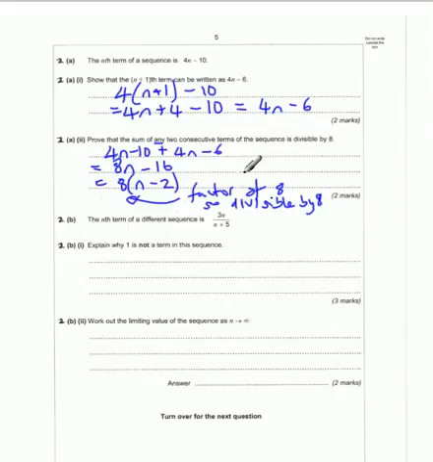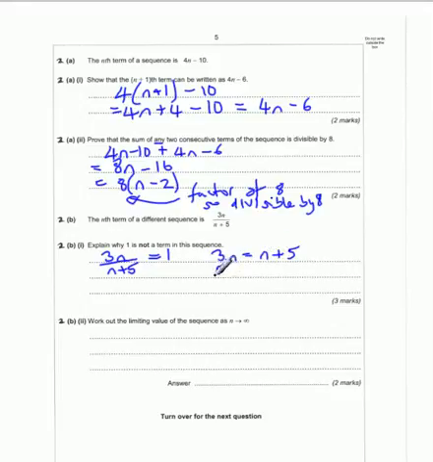We want to say whether 1 can be a term of the sequence. One way to show that it can't is to put the nth term of the sequence equal to 1, and then solve that and see what n equals. So if we times by the n plus 5, that's going to give us 3n equals n plus 5.